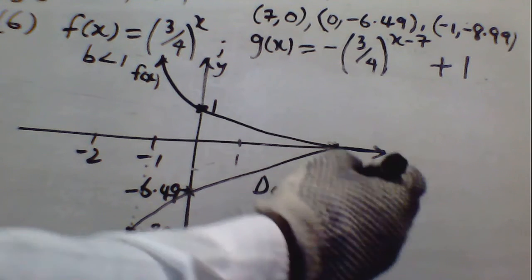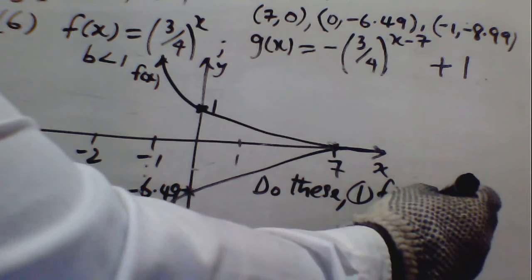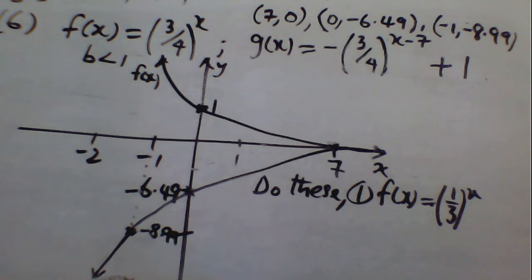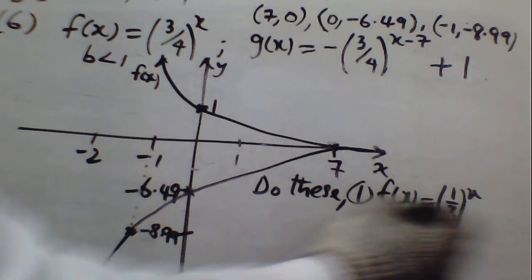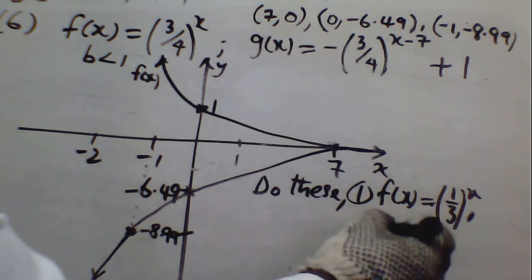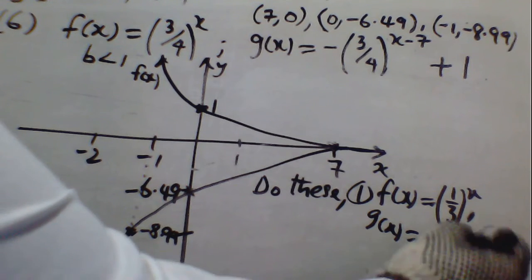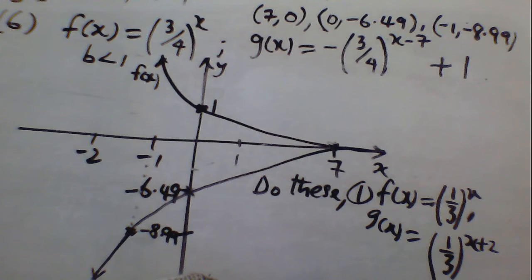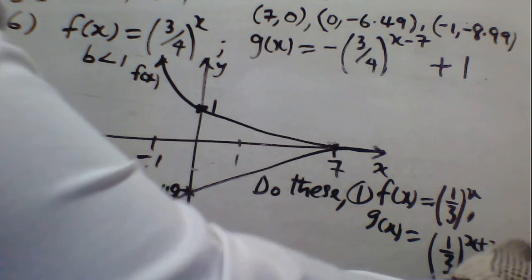The first is f of x is equal to 1 over 3, and g of x is equal to 1 over 3 to the power of x plus 2. I hope you are seeing it. There is minus here, minus 2 over 3.